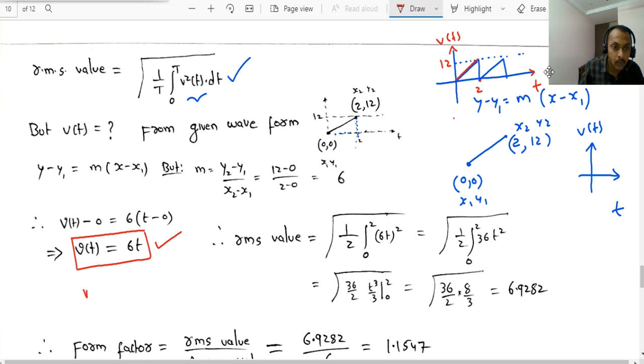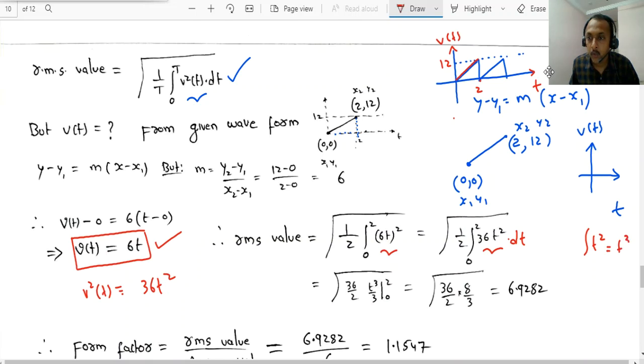Now v square of t represents what? v square of t will be 36 t square. That is what you do here. Within the limits, 1 by T, 0 to T, v square of t dt becomes 1 by 2 integral 0 to 2 of 36 t square dt. Sorry, you will do the integral. The integral of t square is how much, dear students? t cube by 3, within the limits 0 to 2.